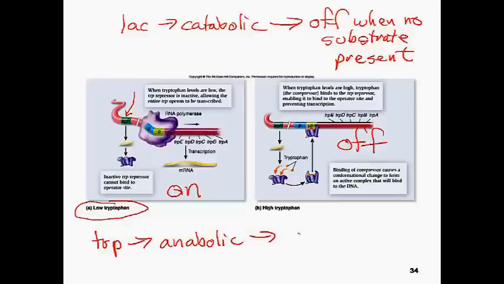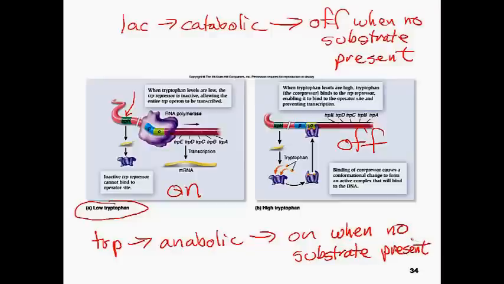It is on when no substrate is present. Because I need to make tryptophan. However, when tryptophan is now available, I'm going to shut the pathway off by using tryptophan as a way to regulate the activity of the repressor.